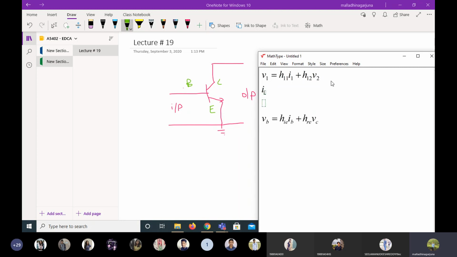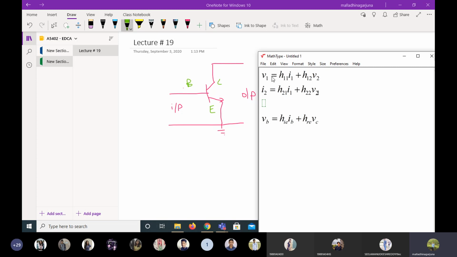And I2 equals H21 I1 plus H22 V2. So these are the basic H parameter equations, and now we are converting these H parameter equations to the CE amplifier H parameter model.